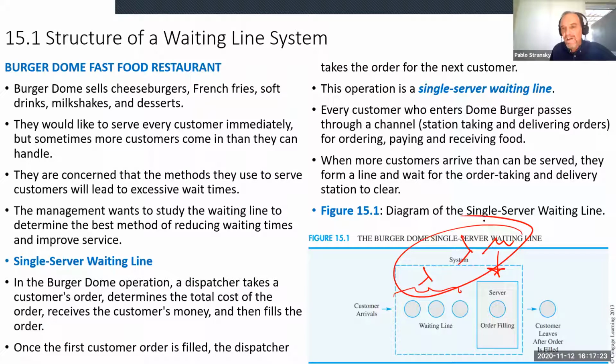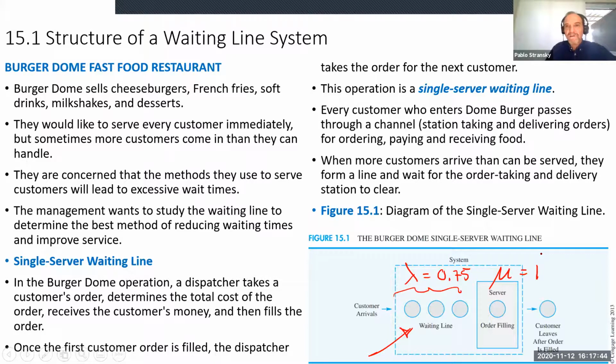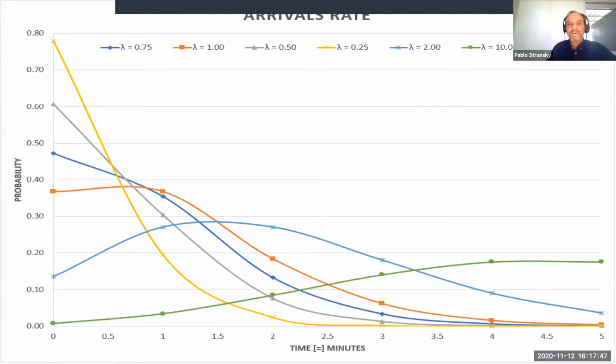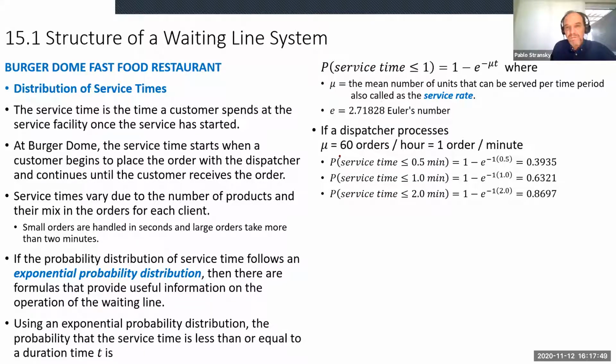That means that we are not good enough over here to give attention to all the customers. So what we got here is that lambda is equal to 0.75, and mu here was equal to 1. The calculation for mu is over here. The dispatcher is able to process 60 orders in 1 hour, that means 1 order per minute, okay?